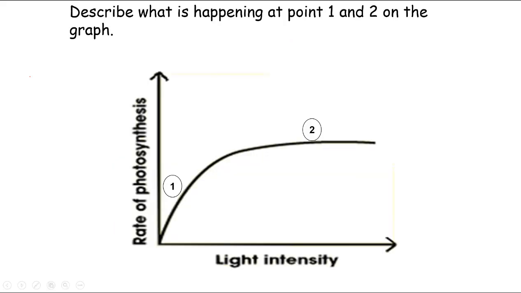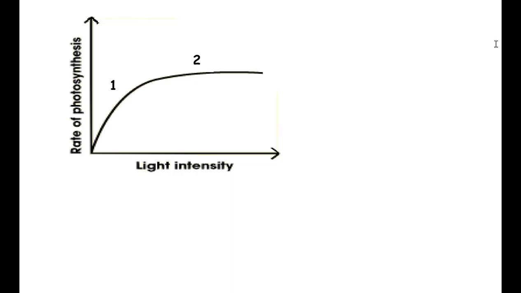Now here's a little graph, and this shows us how light intensity affects the rate of photosynthesis. So here we've got a graph of light intensity against the rate of photosynthesis. And you can clearly see that there's 2 areas here.